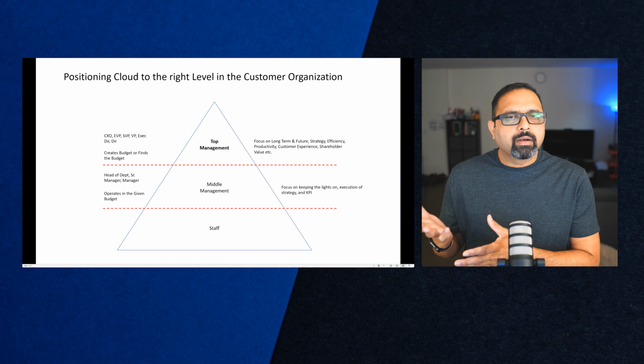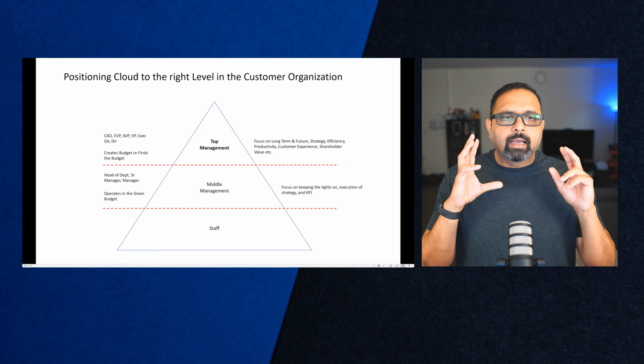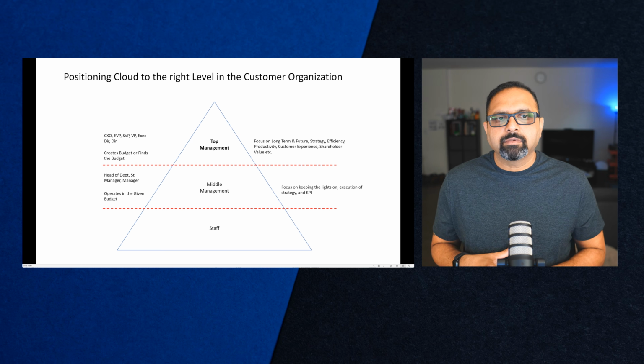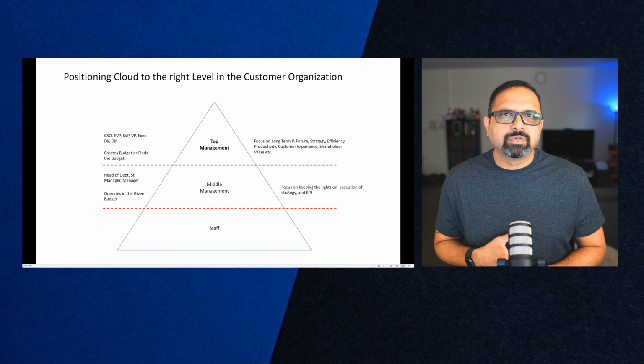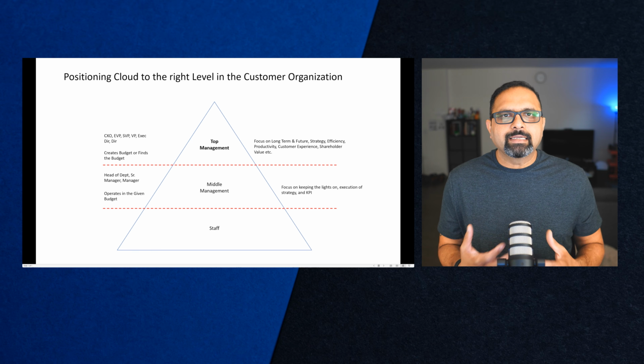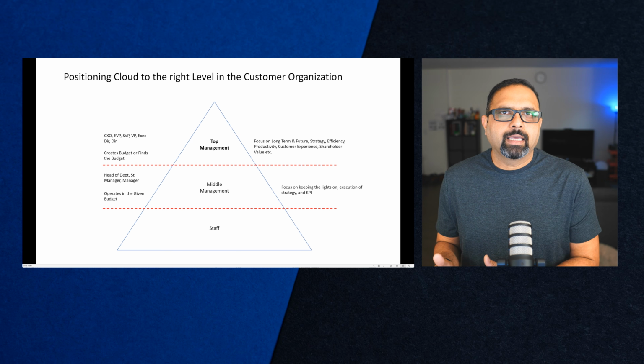Why is it important to go to top management? If you see on the right side of the slide, I've said focus. Where is the focus of top management? Top management focuses on long-term and future strategy. They focus on efficiency, productivity, customer experience, shareholder value. These are things which they think about every day. They don't think about keeping the lights on.